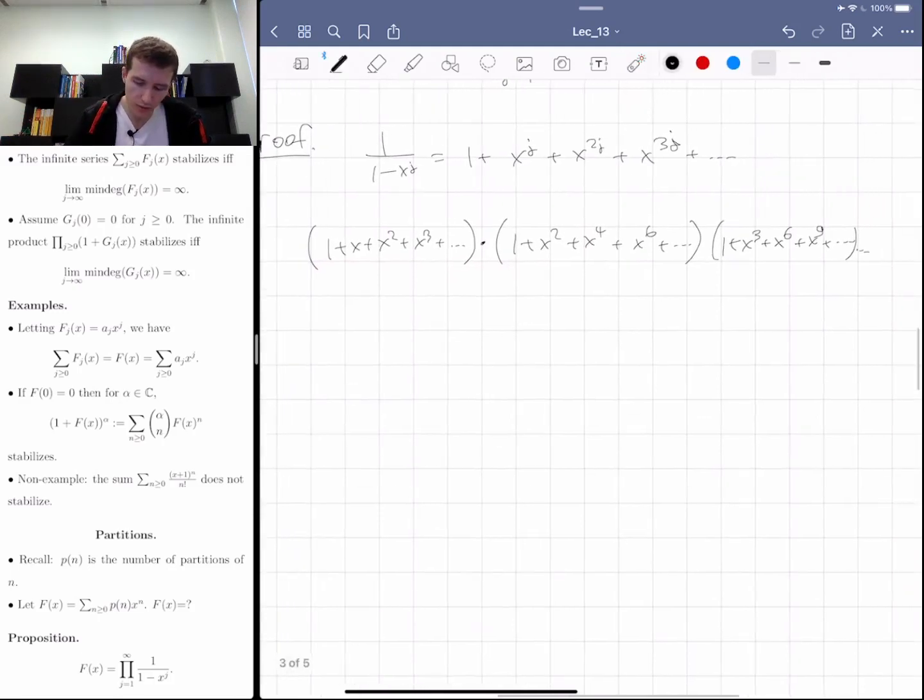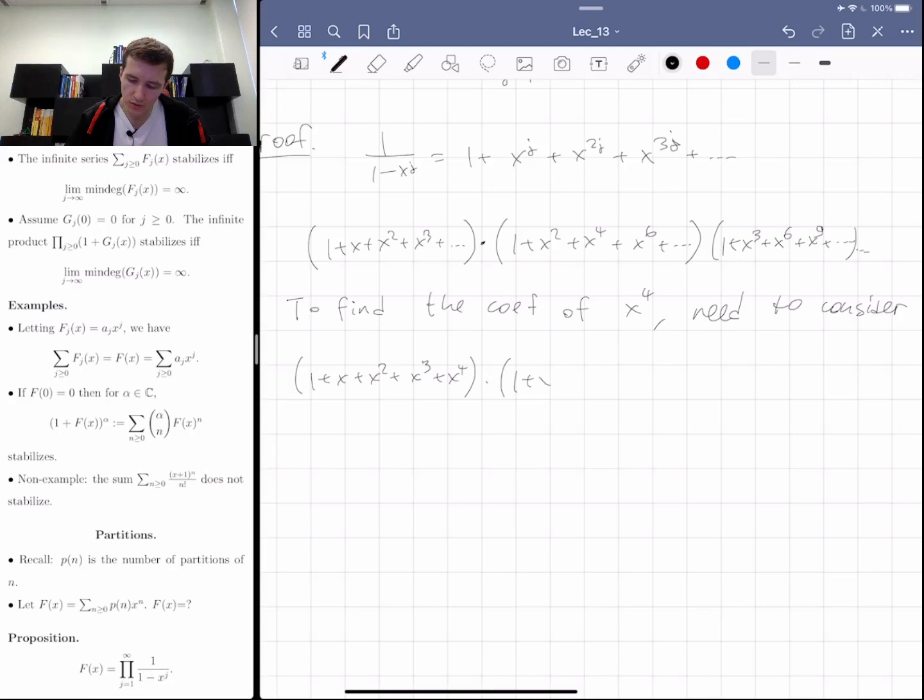Maybe I should try. Let me find the coefficient of, let's say, x to the 4th, to be even faster. I only need to consider a finite product: 1 plus x plus x squared, x cubed, x to the 4th, times 1 plus x squared plus x to the 4th, I don't care about x to the 6th anymore, times 1 plus x cubed, that's it, times 1 plus x to the 4th, and that's it.